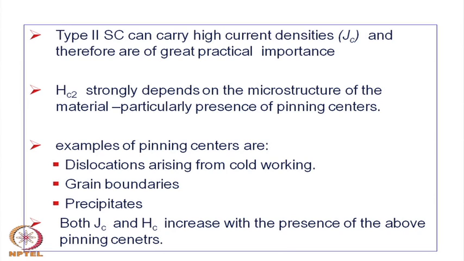So, by deforming you can introduce dislocations, and as you deform more and more dislocations get generated. So, it becomes difficult for the magnetic lines of force or flux lines to penetrate through this dislocation barrier. So, that acts as a pinning center.